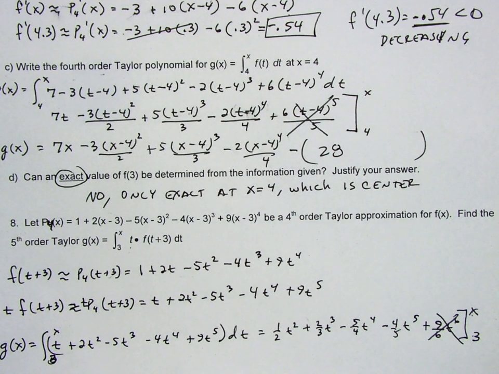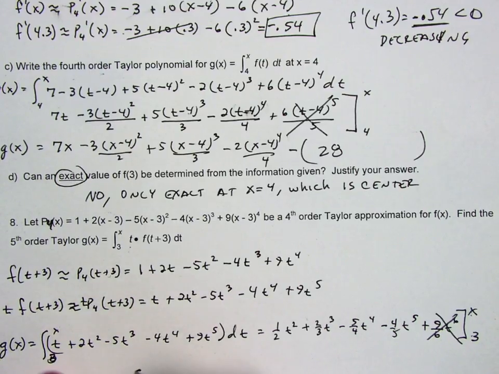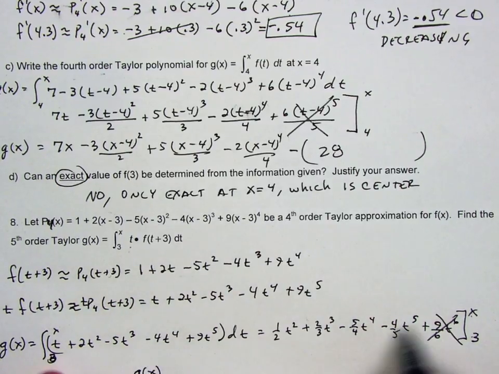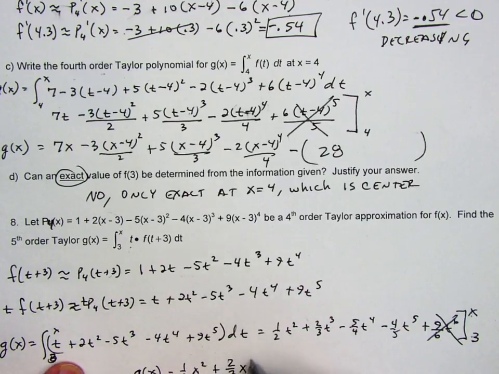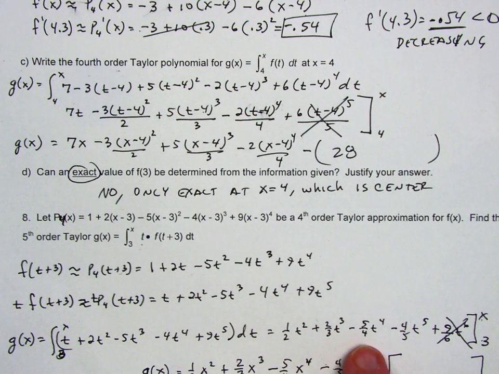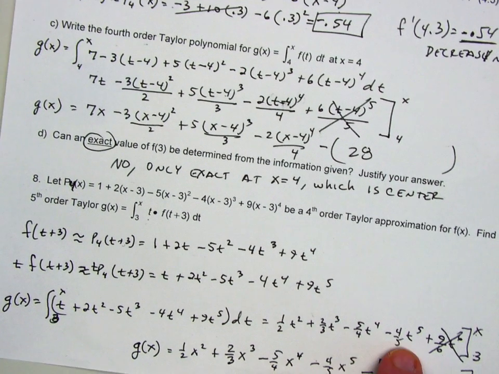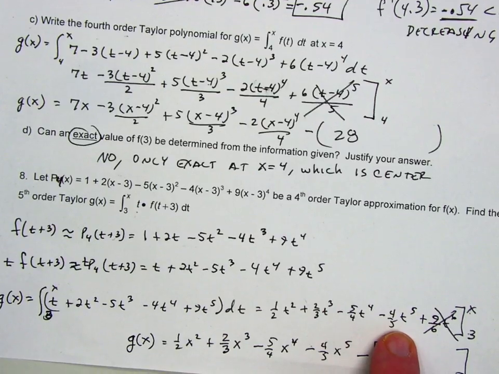So my final answer, so g of x. I'm going to first go plug x in, so I get 1/2 x^2 plus 2/3 x^3 minus 5/4 x^4 minus 4/5 x^5 minus, now I got to go plug in 3 to everything. Well, this is 1/2 of 9 plus 2/3 of 27 minus 5/4 of 81 minus 4/5 of 243.